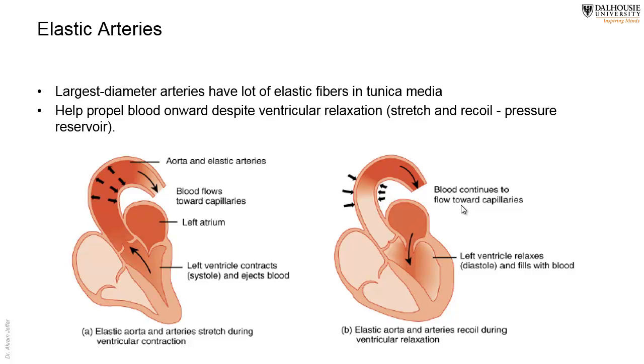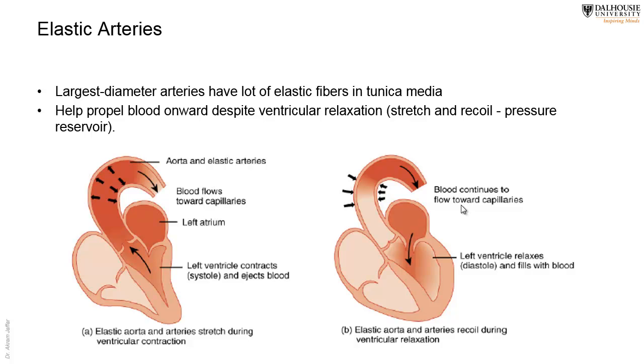And the reason for that is that during ventricular diastole, the presence of many elastic fibers will allow these blood vessels to distend, and then elastic recoil. When these elastic fibers are extended, then they are going to contract again. This is what we call elastic recoil.